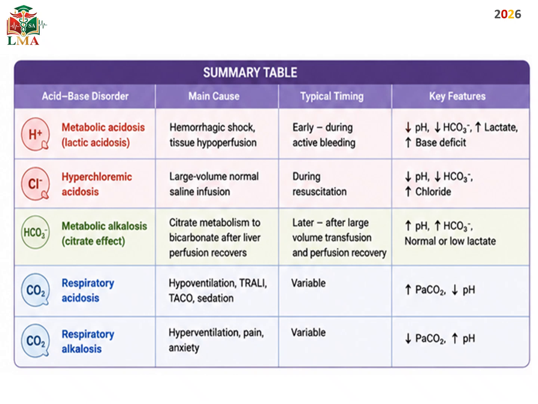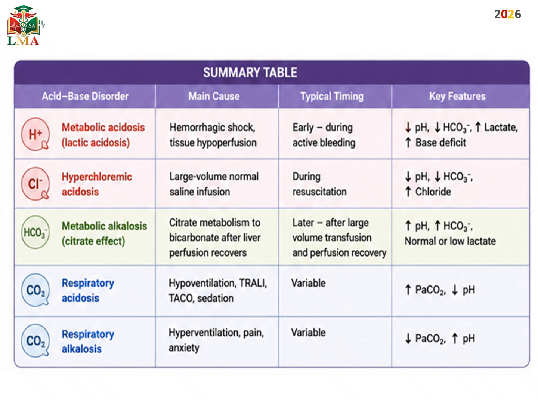Hyperchloremic acidosis is caused mainly by normal saline infusion. So you have to keep in mind, once you diagnose postpartum hemorrhage, LR and Plasma-Lyte are the fluids of choice to avoid hyperchloremic acidosis with low pH, low bicarbonate, and increased chloride.